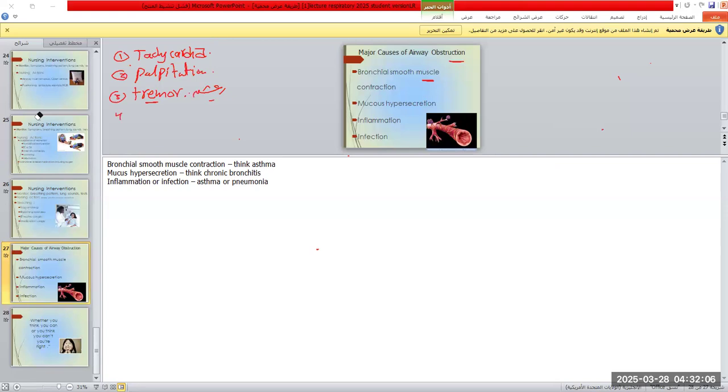Also insomnia, maybe anxiety symptoms, and lastly the patient may have more sweating.